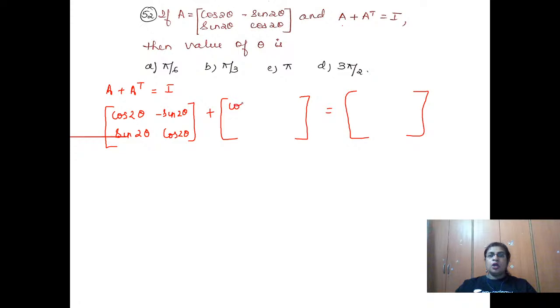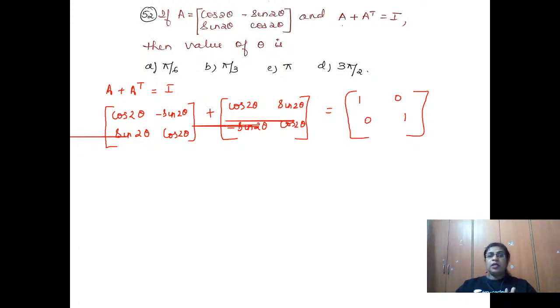Plus the A transpose matrix, where rows and columns are interchanged, so the first row will become the first column: cos 2 theta, sin 2 theta, minus sin 2 theta, cos 2 theta. This is equal to the identity matrix 1 0 0 1.